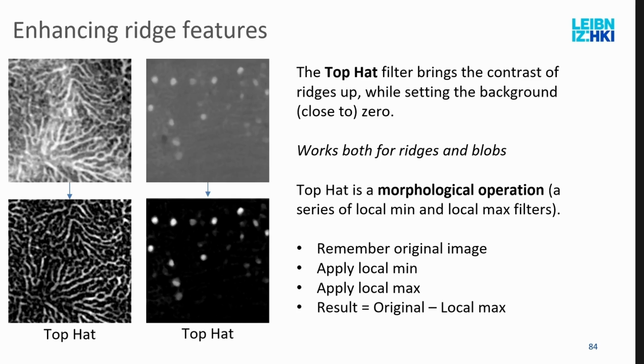Then on the image, it will apply first a local minimum with a specific radius, so a specific area around it. And then after that, apply a local maximum as well with a specific radius. And then basically subtract this local maximum image from the original. And this way it generates this top hat image.